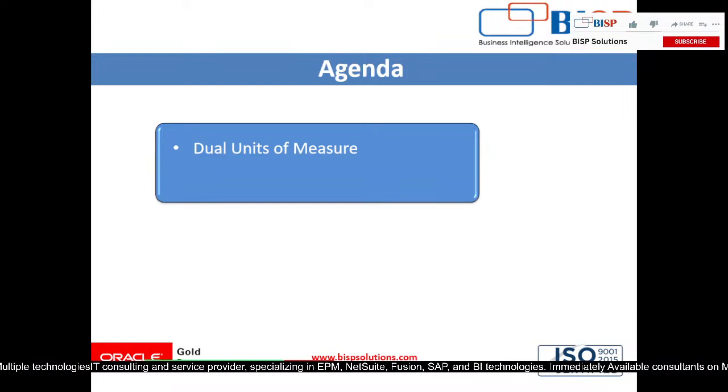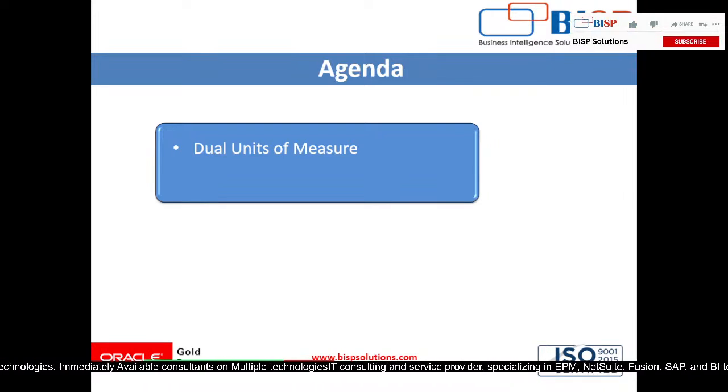So whenever you create an item, you define a primary unit of measure and a secondary unit of measure. With the primary unit of measure, you can order it, price it, manufacture it. Like you can create an item with the unit of measure as each, and you can receive, pick and ship the item in the unit of measure as each.